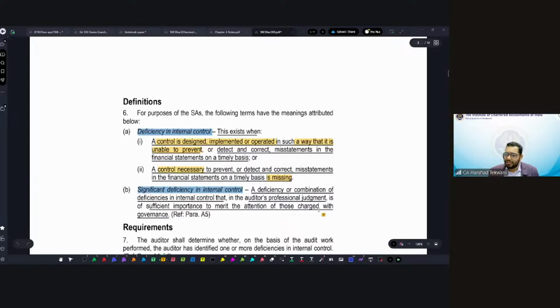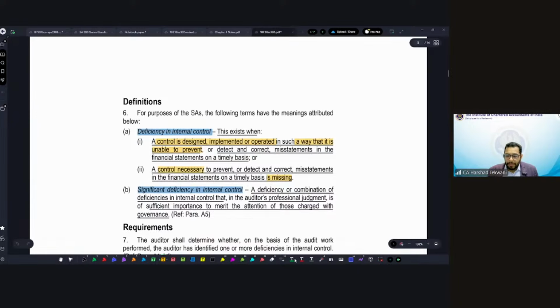So this is the deficiencies definition. It talks about the objective of the control, and if the objective is not able to be met, it's a deficiency. Where is the misstatement? Misstatements in the financial statement on a timely basis. The word itself says misstatements. That is the objective. Again, see, what is the objective of internal control? To prevent or detect a misstatement.